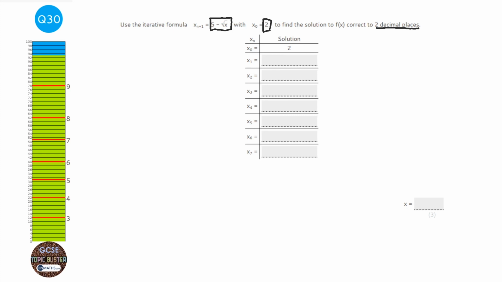Next thing I'm going to do is type in 5 minus square root answer. Now, when I press equals, the calculator will remember that the 2 is the answer and use a 2 here. Now, you might think that's a lot of effort just when I could have pressed a 2, but you'll see what the benefits are after this first run.